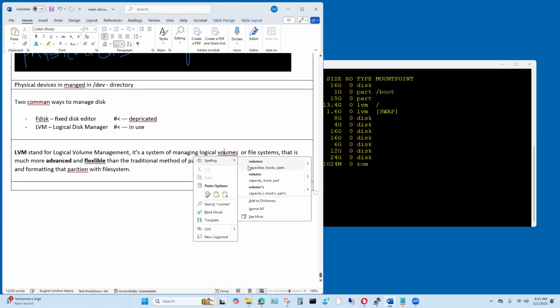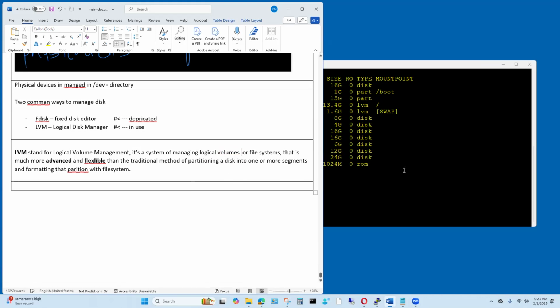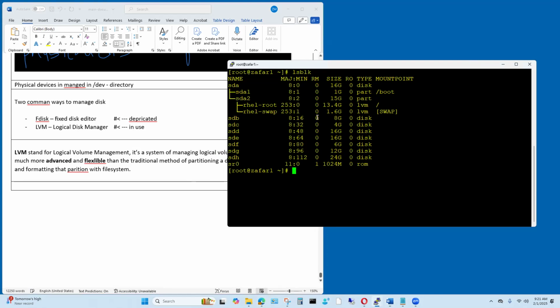Now I said disk here, right? A disk is also referred to as a volume or block, just like a server could be called a server, host, or computer. These are all interchangeable.